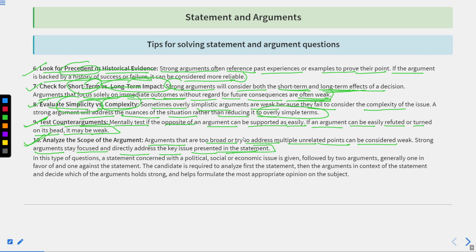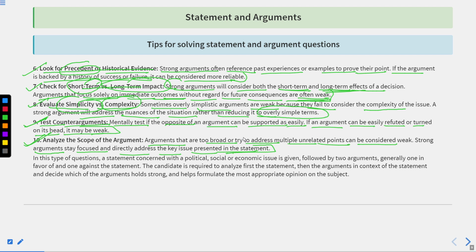So, जो argument बहुत सारे चीजों को कवर करने की कोशिश कर रहा है, it is pointing to another perspective of the statement and providing another viewpoint that has to be neglected, because a strong argument only focuses on the statement that has been provided. So that is how we are going to use these tips.